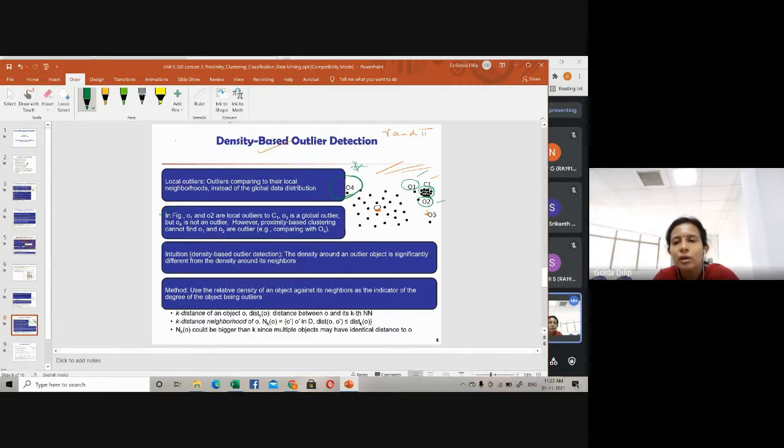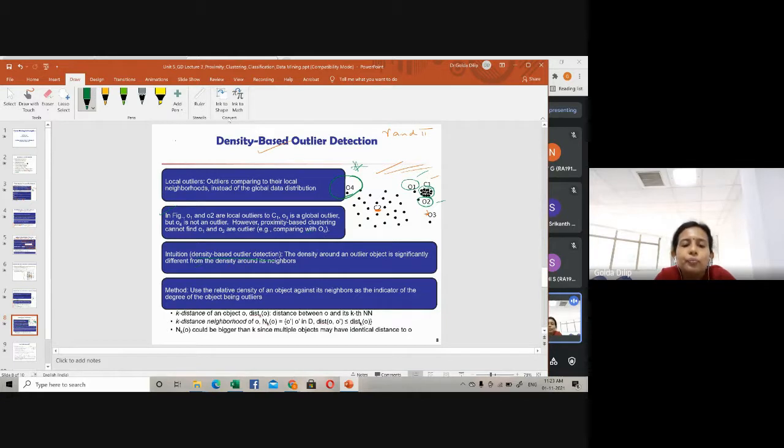With this understanding, the intuition is density-based outlier detection: the density around an outlier object is significantly different from the density around its neighbors. The question is, how can we formulate local outliers, as shown in this example?